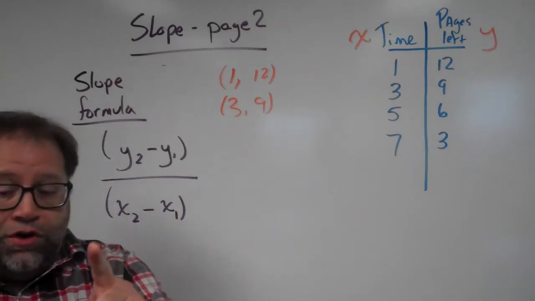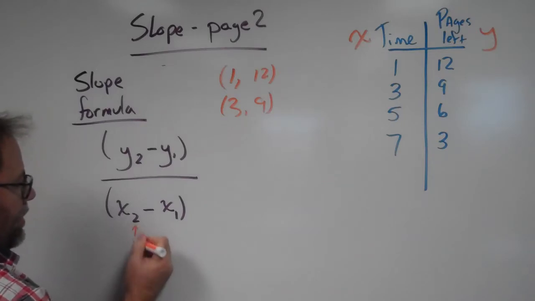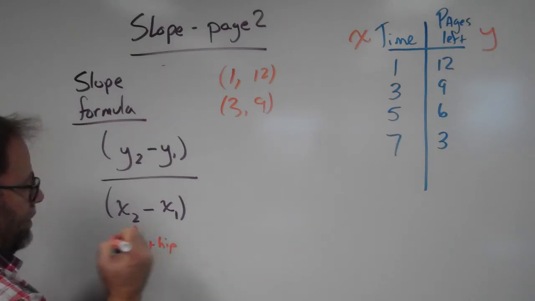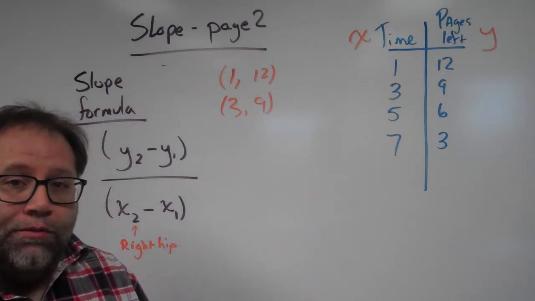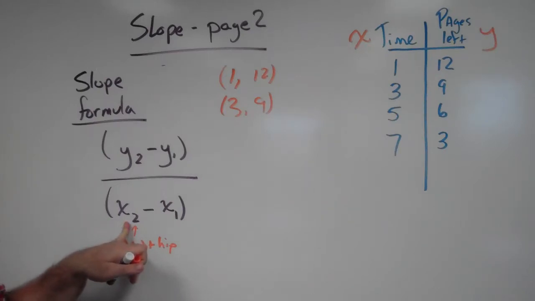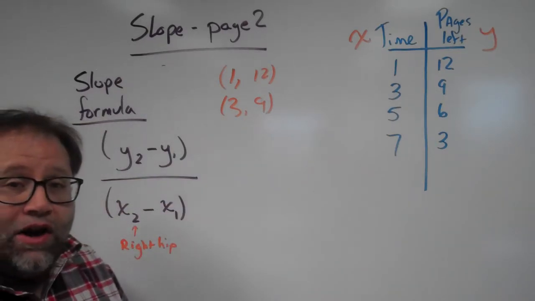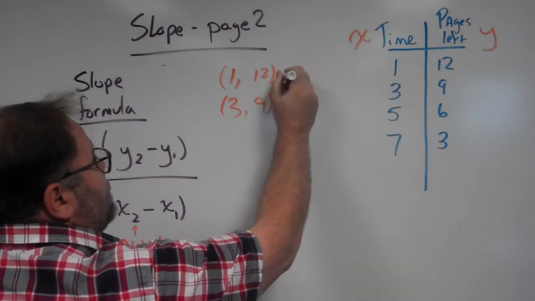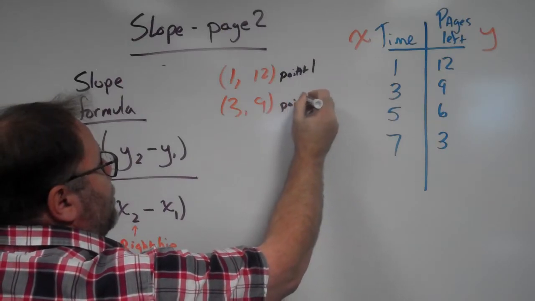Now, just so you know, these little numbers here, they're kind of on the right hip of the variable. They have no numerical value. They're just designators to say this was the second point, this was the first point. So up here, when you see my 2 points, I'm actually just going to pick what they are. It's completely arbitrary too. So I'm going to say this was point 1, and this is point 2.